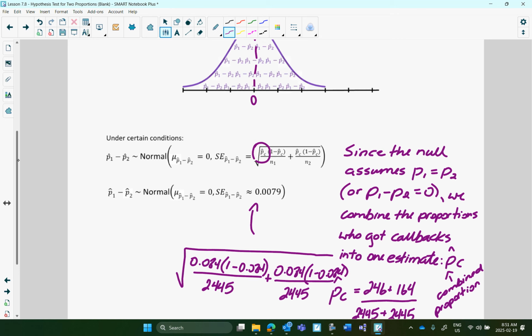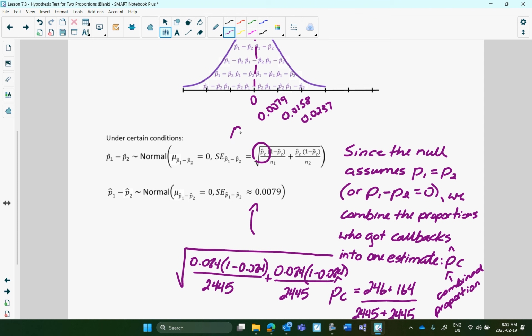So it's going to be adding 0.0079, 0.0158, 0.0237 for the three to the right of the mean, the difference in the sample proportions.